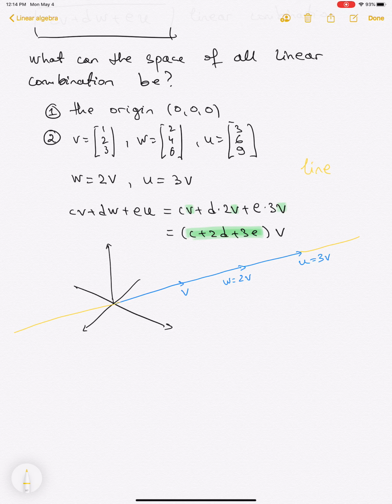And the reason we got a line was that, in fact, the three vectors already laid on the same line.